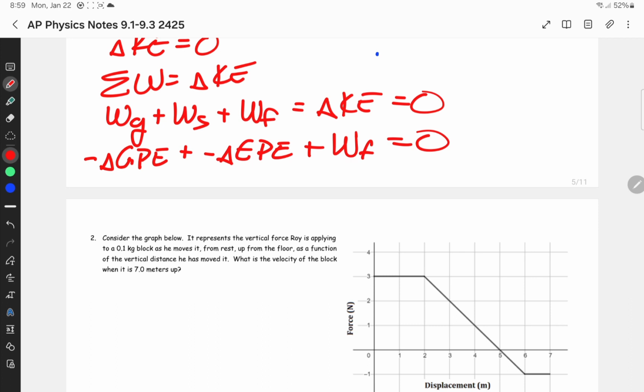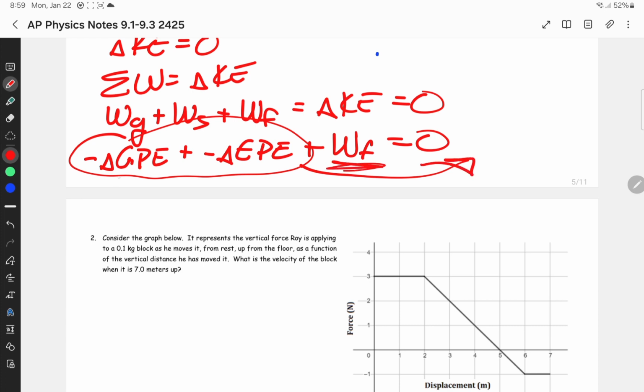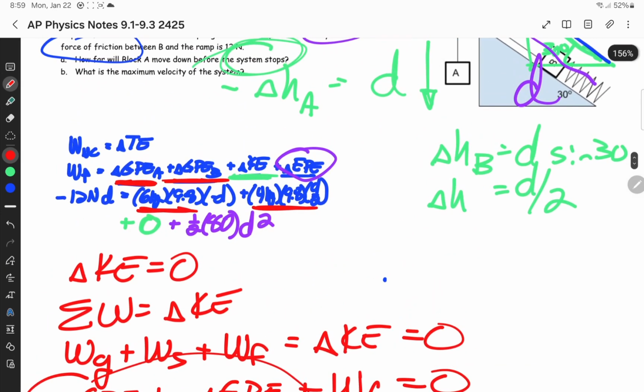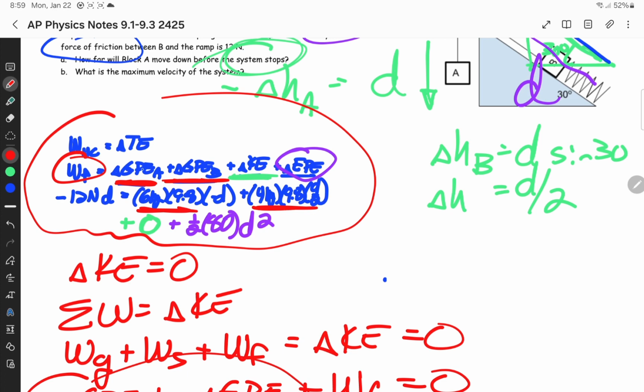If I add these to the other side to get rid of the negatives, then the work of friction is the change in GPE plus the change in EPE, which is exactly the same as I got the first time. Our change in KE didn't matter because it was 0.